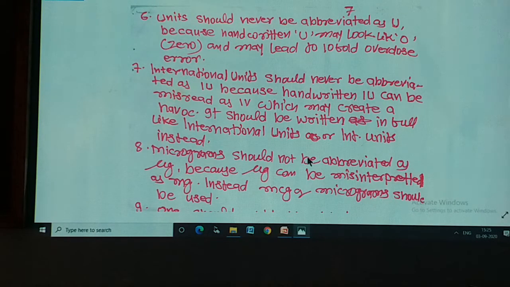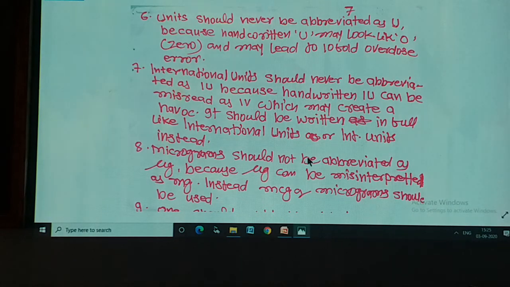Next point is that units should never be abbreviated as U, because a handwritten U may look like 0 and may lead to a 10-fold overdose error.